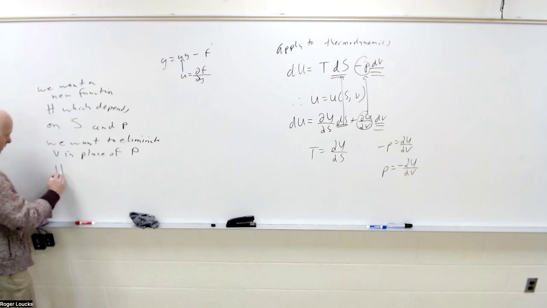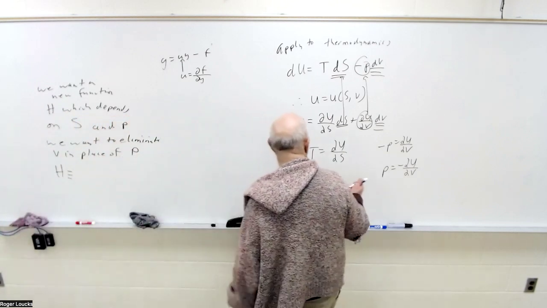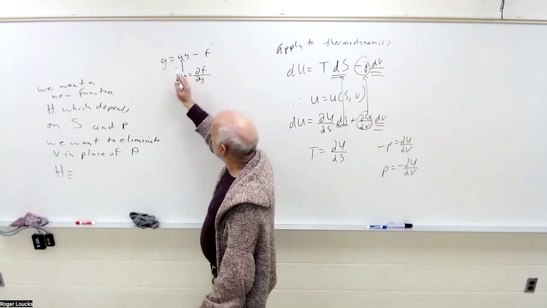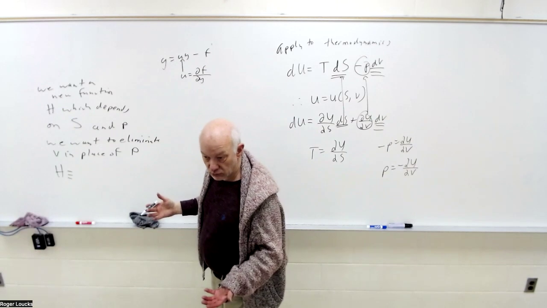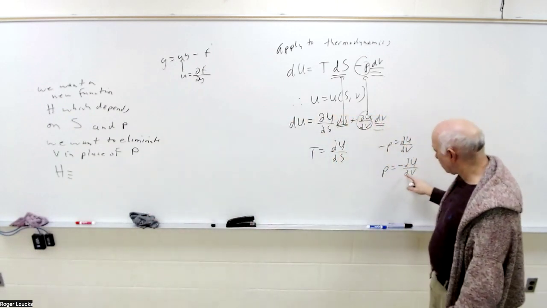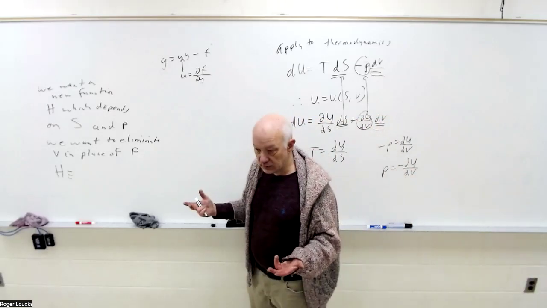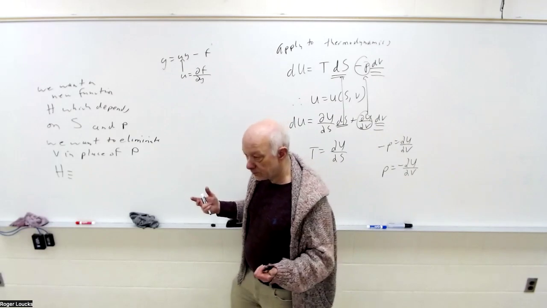Now, I'm going to have my H, I'm going to do a Legendre transformation here. So what are we going to do? Now, since there's a minus sign here, when I define this, I could just as well put a minus sign here and make this a plus, and I could have still had the same functional dependence. In this case, since my P, which is this derivative term, is coming in with the minus sign, I'm not going to need another minus sign, because that's kind of built into there. So what do I want to get rid of?